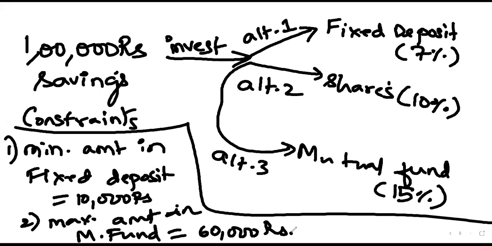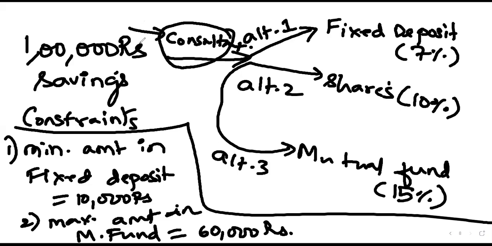All right. Now, what is our objective? We are actually basically investors. Let us assume that, or we are the brokers. Whatever you want. Our role is we have to take the money from this guy, and decide which alternate we are going to invest the money in: fixed deposit, shares, or mutual fund.